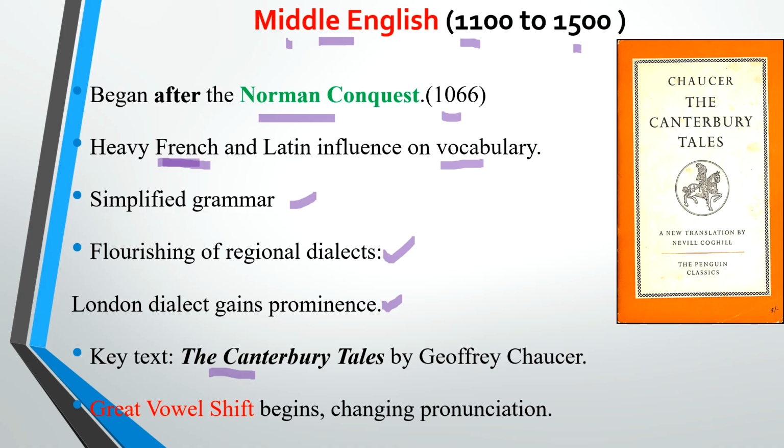Also there was the Great Vowel Shift, which changed pronunciation patterns. So there was an emergence of new pronunciation patterns. The Great Vowel Shift was a gradual change in the pronunciation of long vowels that began during the Middle English period.